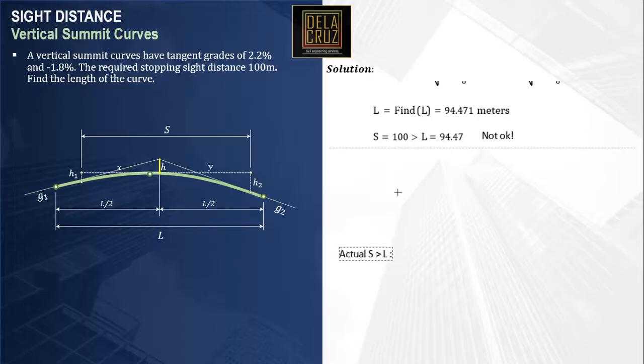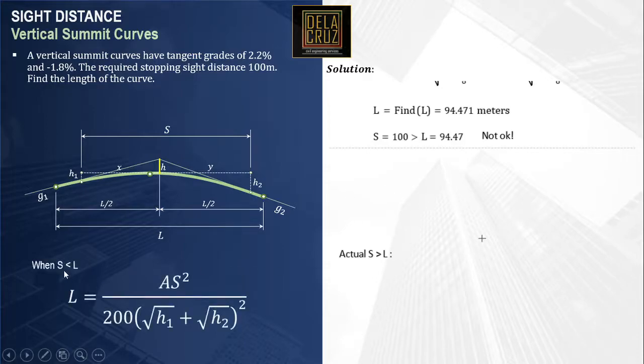By the way, before we proceed to this solution, we have a derived formula for this. If you want to memorize this one, when S is lesser than L, this is the formula for that: L is equal to AS squared over 200 quantity square root of H1 plus square root of H2.